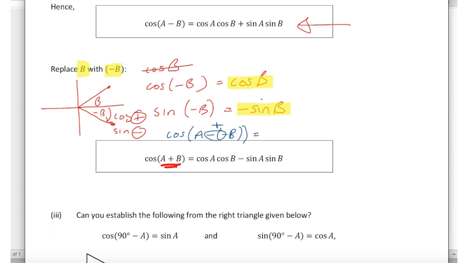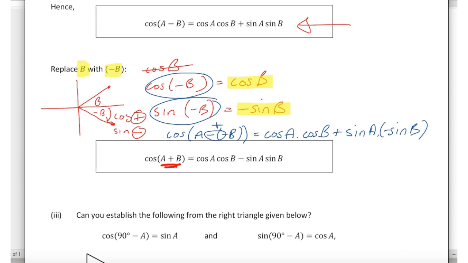So we're going to have cos A times the cos of negative B, which we know is just still cos of B, and plus the sine of A times the sine of negative B, which we know is the negative sine of B. So what that is essentially going to do is turn this plus into a minus.